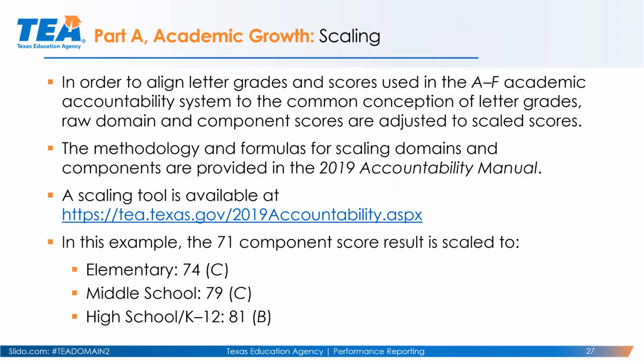So in this example, the 71 component score result would be scaled, based on campus type, to either a 74 or a C letter grade for an elementary campus, or a 79 or a C letter grade for a middle school. And if this was a high school example, that 71 component score would be scaled to an 81 or a B letter grade. And that is how we get a scaled score and a letter grade for Part A, academic growth.